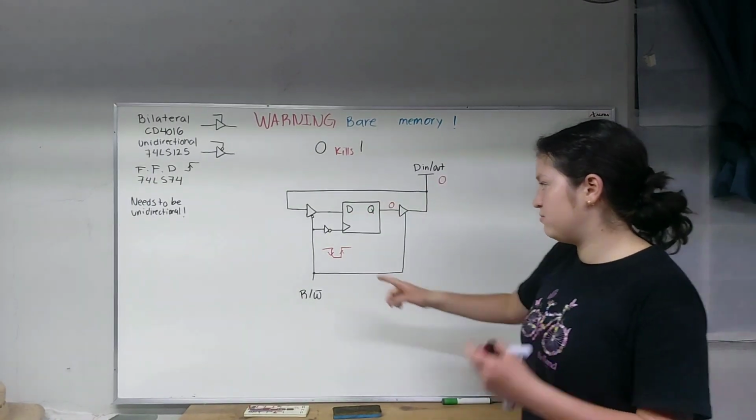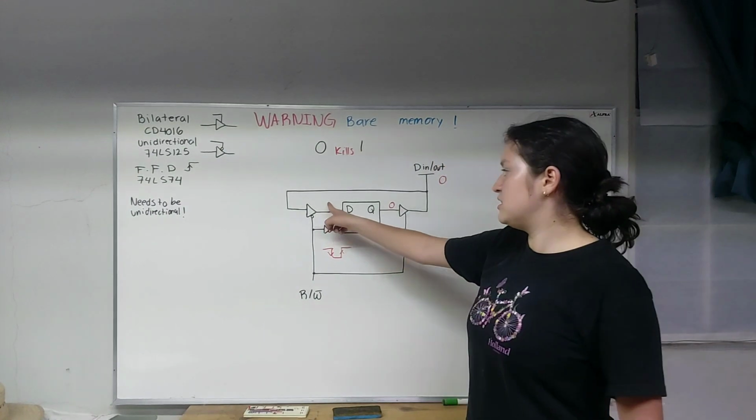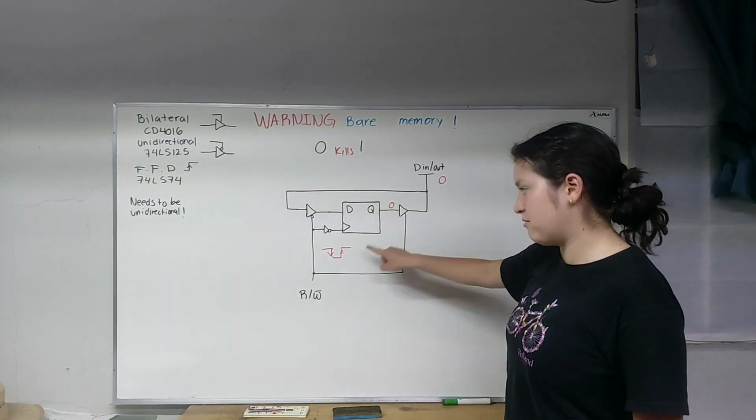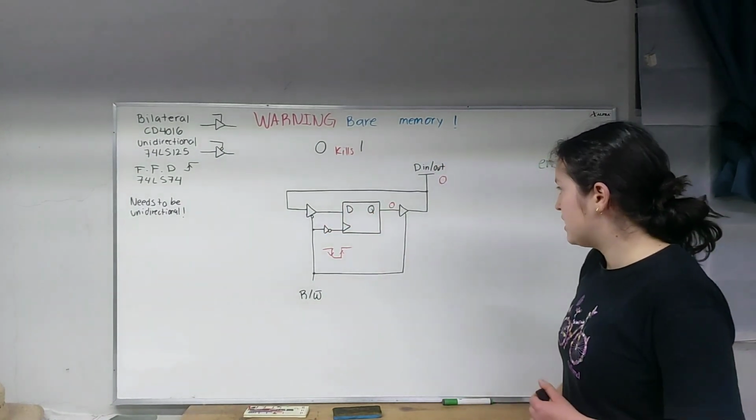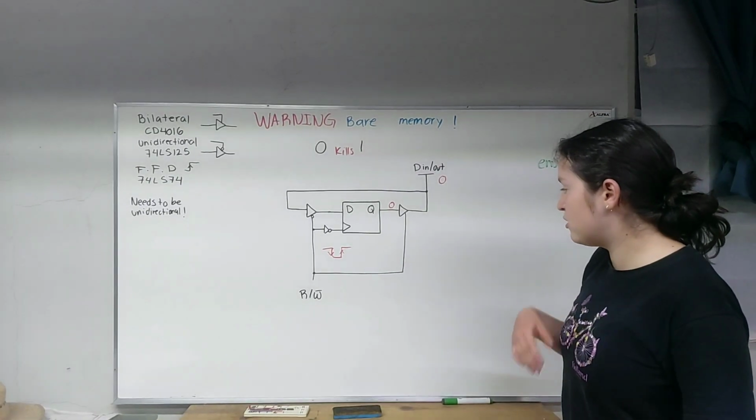If I have something on D, now it's going to be transferred to Q because now I have a positive edge.